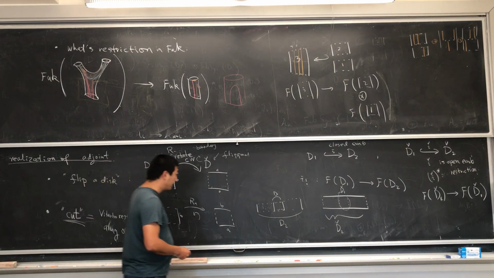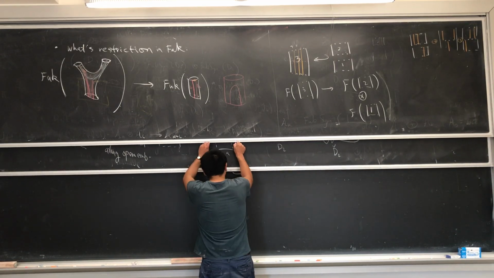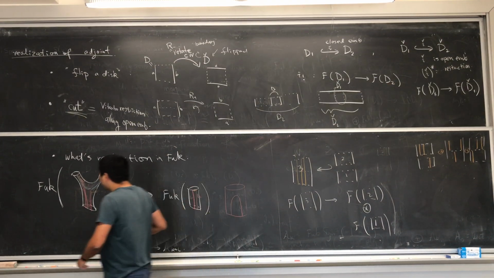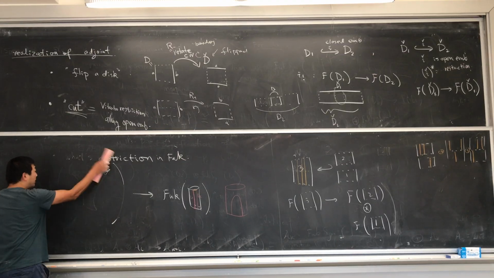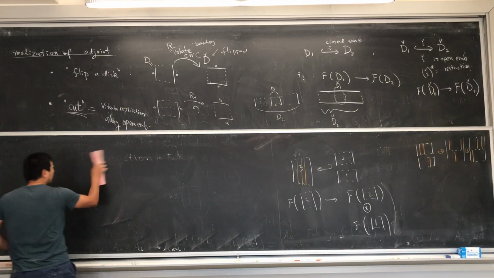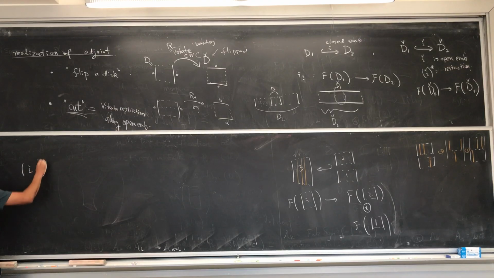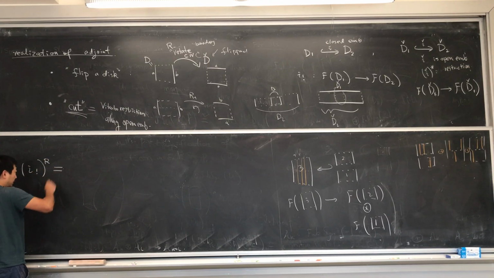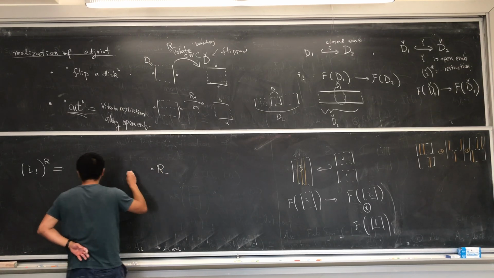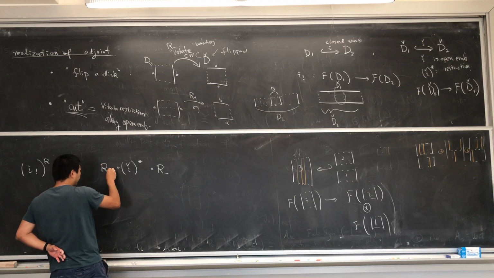Now the statement is that the right adjoint of this inclusion, i lower shriek, is defined to be first the negative rotation composed with the pullback and then the right rotation.